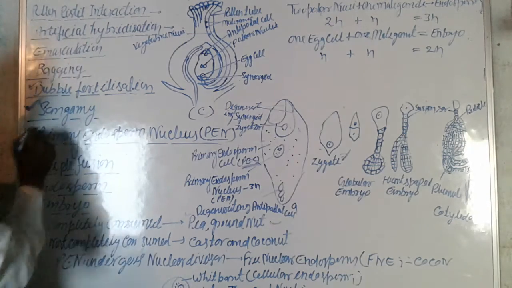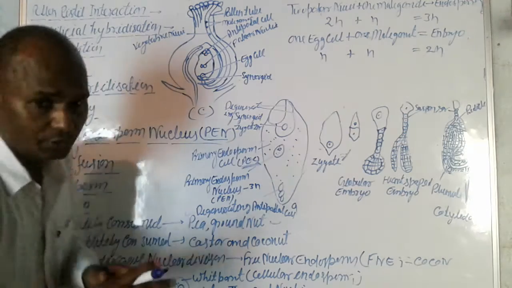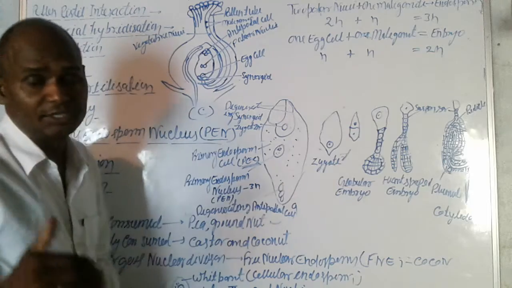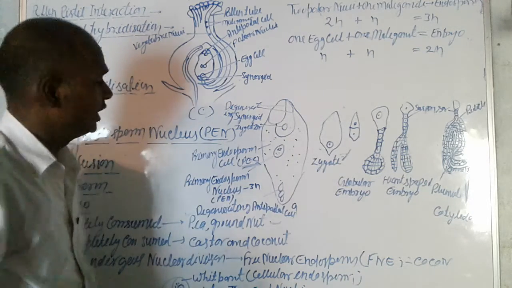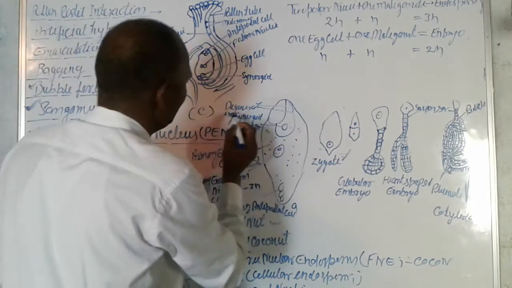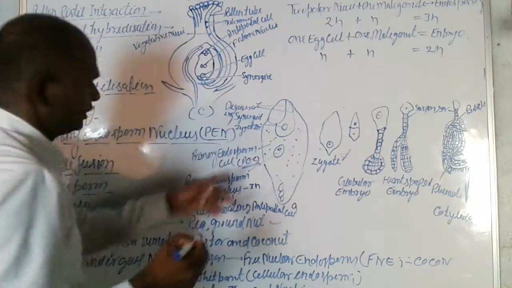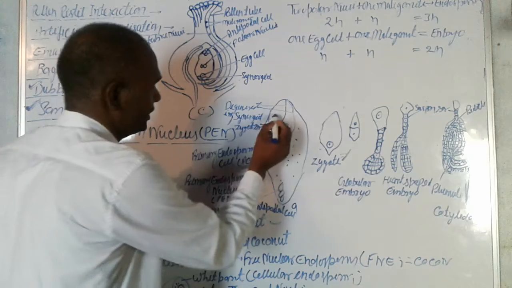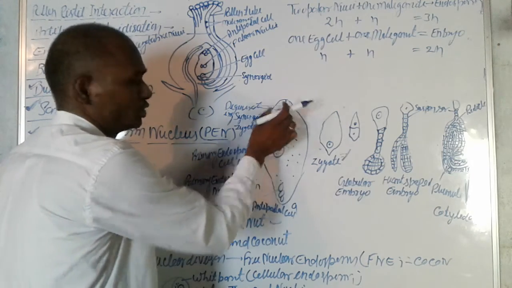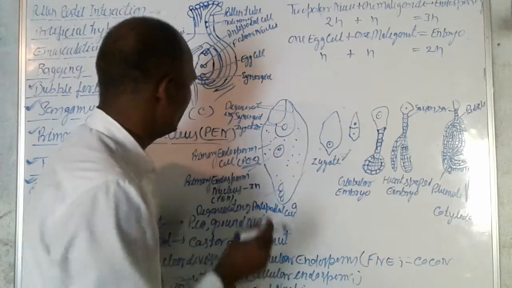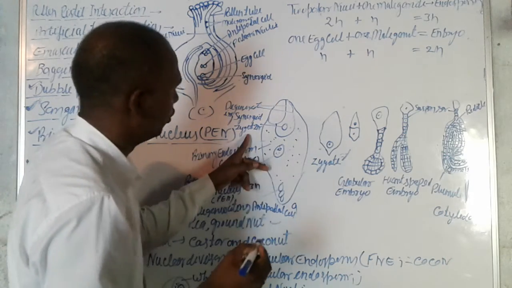What is the primary endosperm? You can see here this diagram is after fertilization. You can see the synergids degenerate. This portion degenerates, meaning it is destroyed, and this is the zygote.